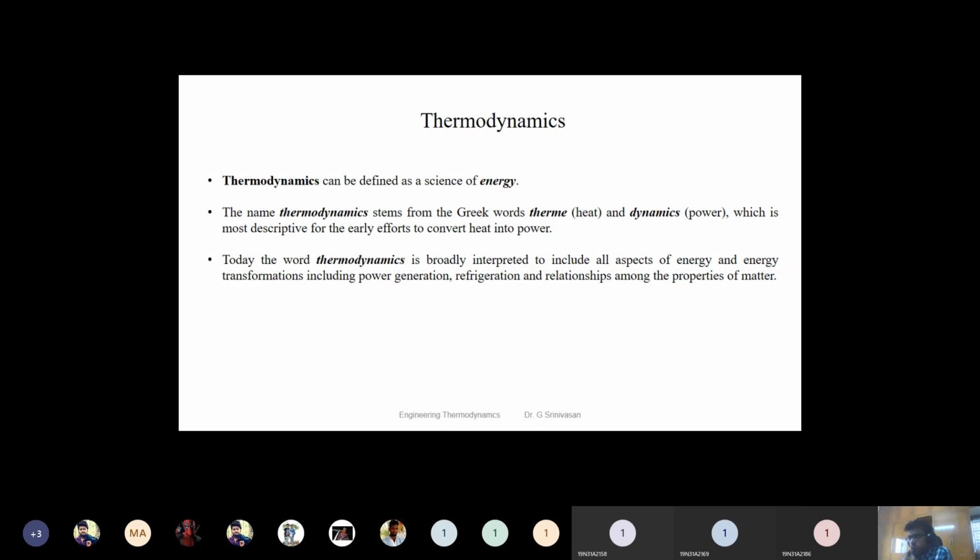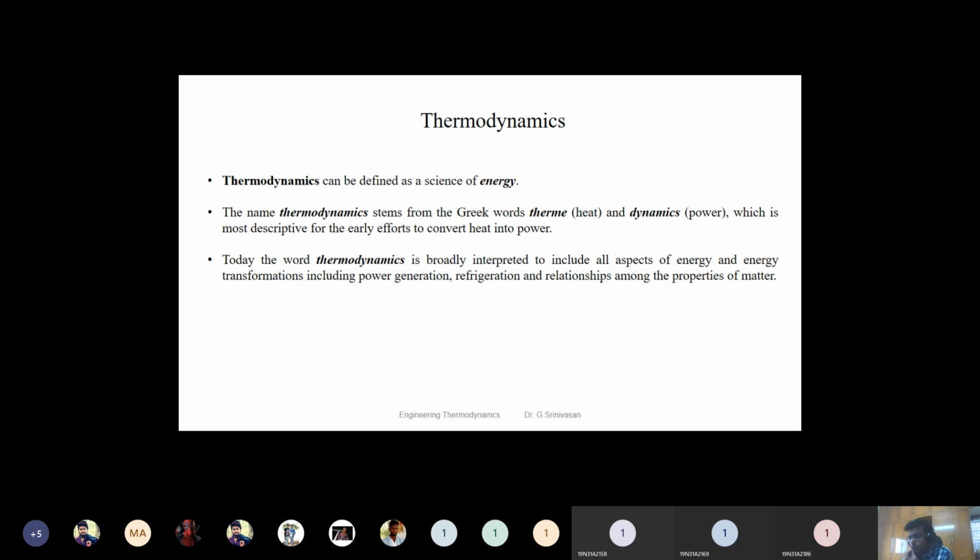Okay, and after that, the entire study of thermodynamics deals with energy conversion only. We are trying to convert one form of energy to the other form. Whether it is heat, then we are trying to convert it to power, or if we want it colder, if we are doing some work and trying to bring down the temperature, then we are looking for refrigeration applications, or maybe even our thermometer works with the principles of thermodynamics.